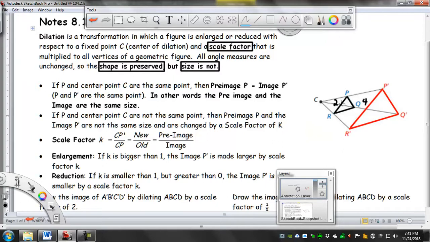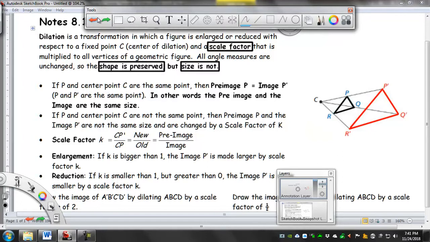You take the old image, multiply it by the scale factor, you get the new image. So, let's say if this was 4, I times it by 3, if the scale factor equaled 3, then 3 times 4 would be 12. So those are some of the ideas that you have to remember about this today.